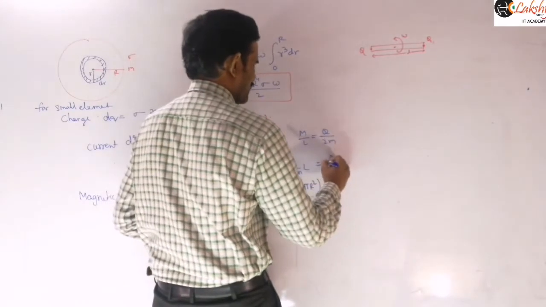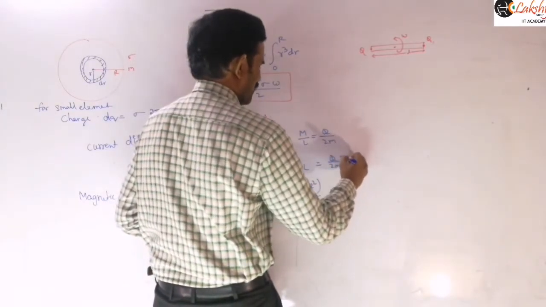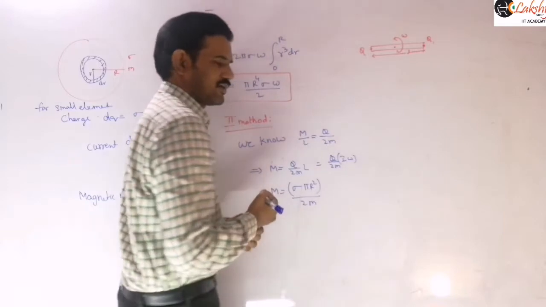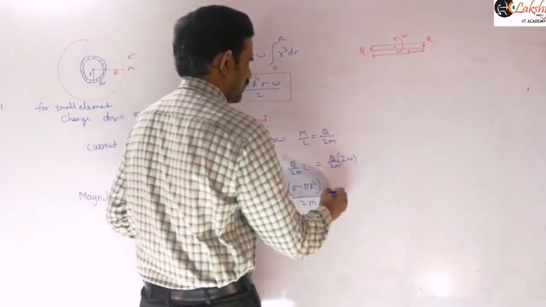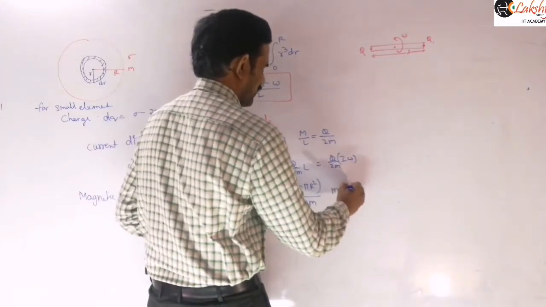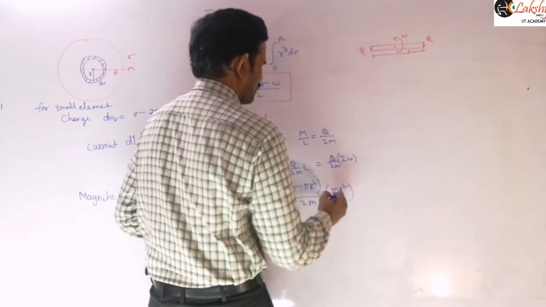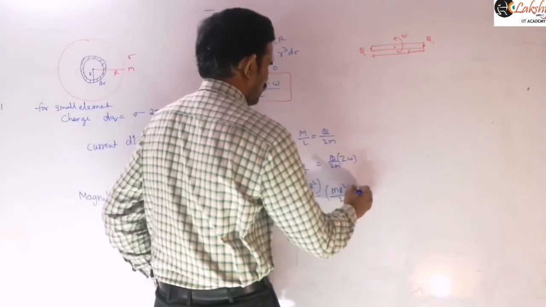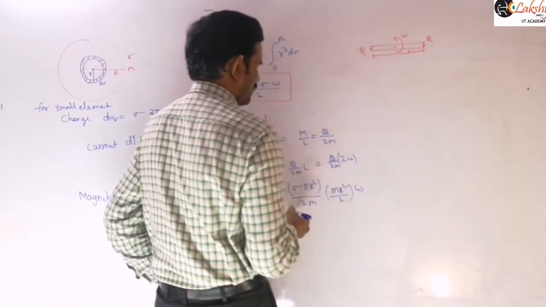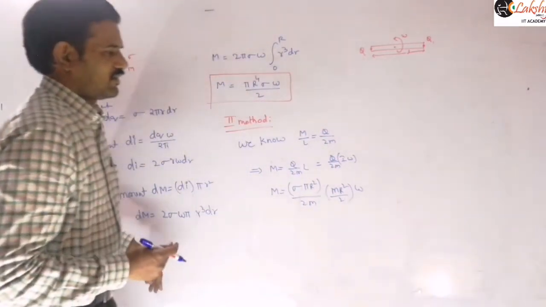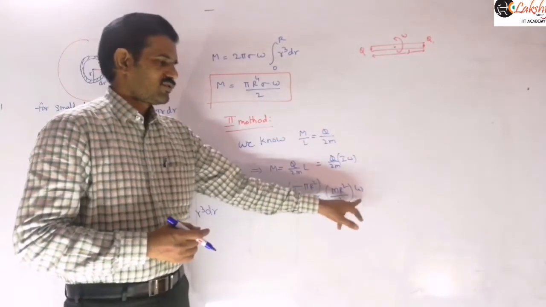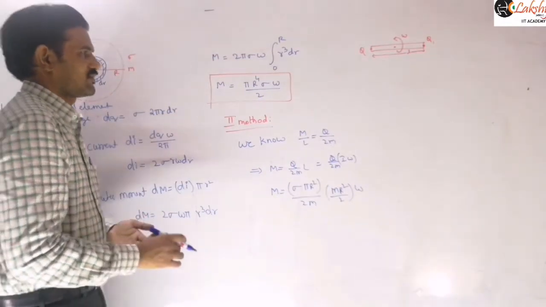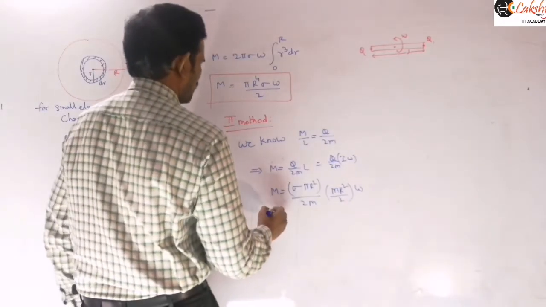So moment of inertia of the disc is mr square by 2, into omega, right? So that is the moment of inertia into this omega we are writing here, right?